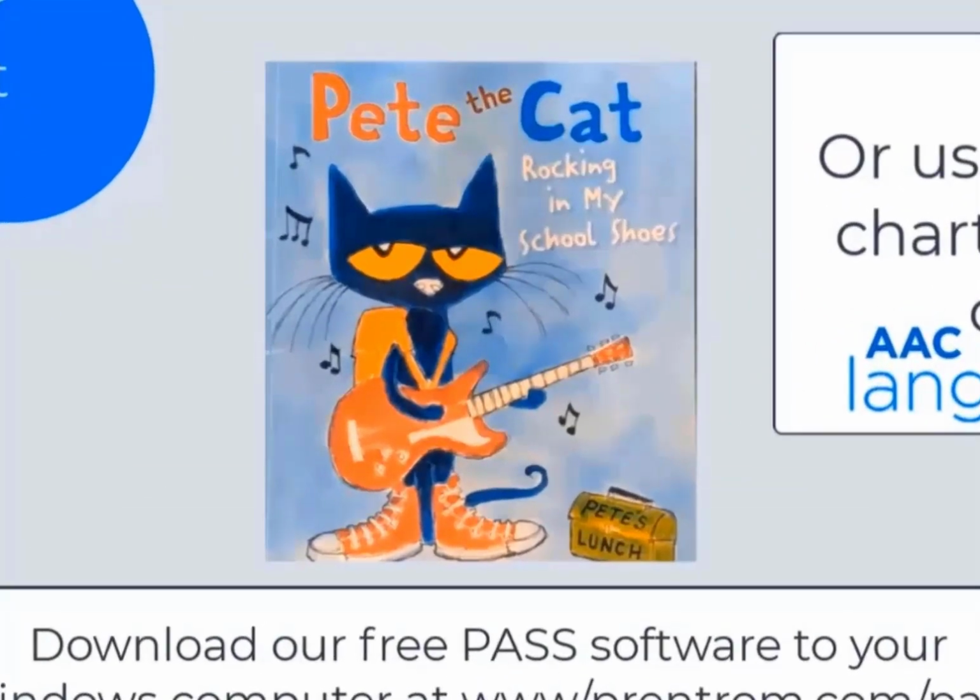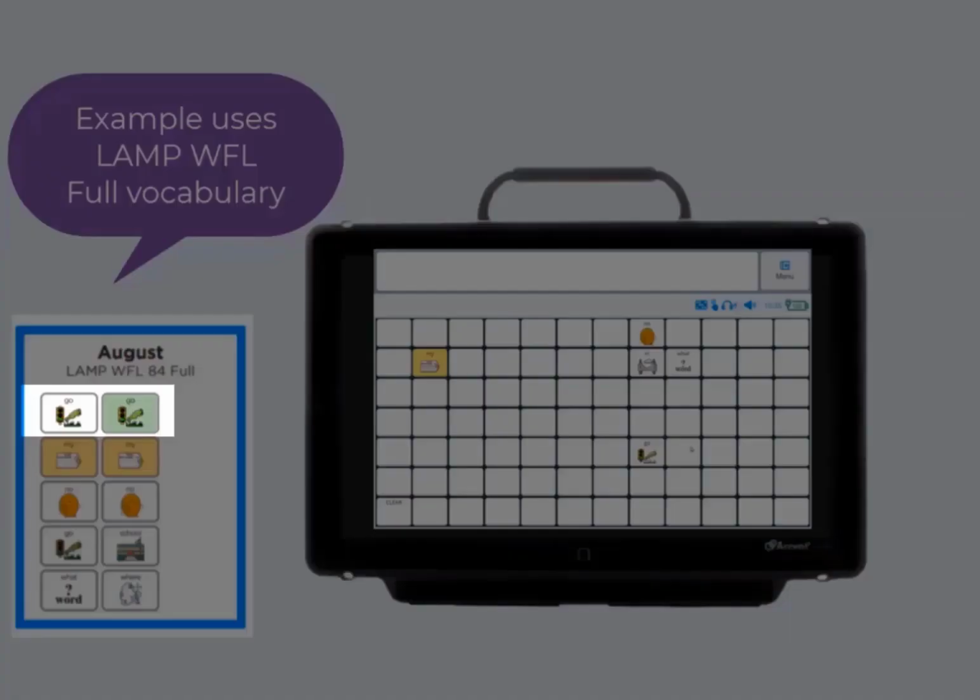Our story this month is Pete the Cat, Rockin' in My School Shoes. Target words for this month are go, my, no, school, and where.